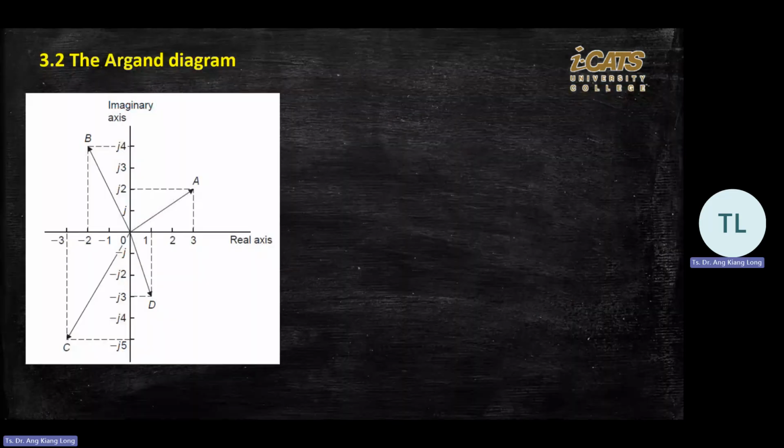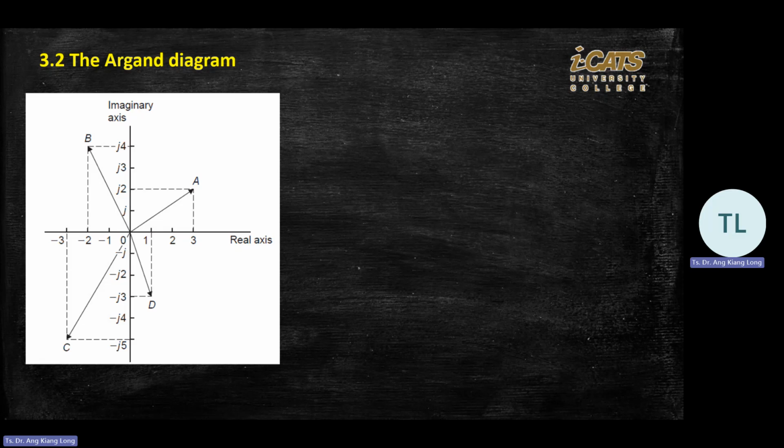Okay, we go into the Argand diagram. On my slide, I will always just straight away show you the diagram. But during your test, you need to draw the real axis and imaginary axis. You can write Re at the x-axis and Im at the y-axis.